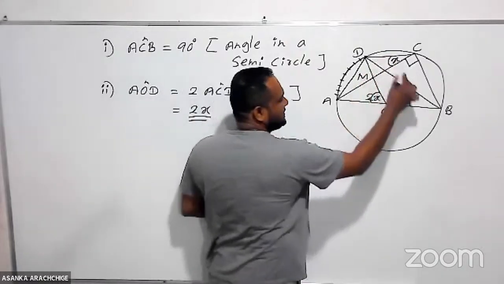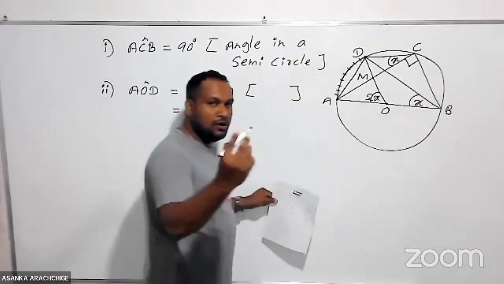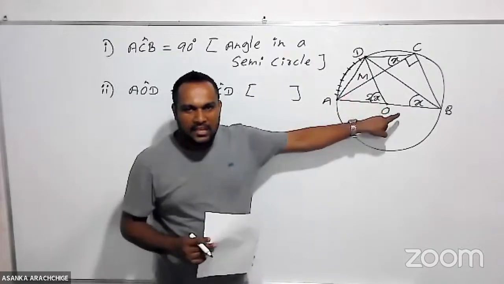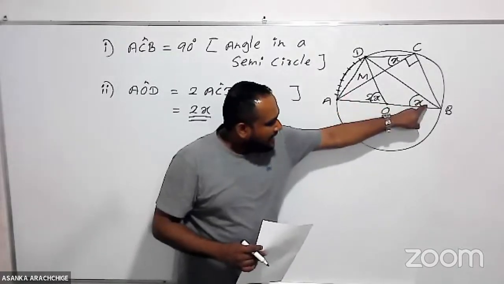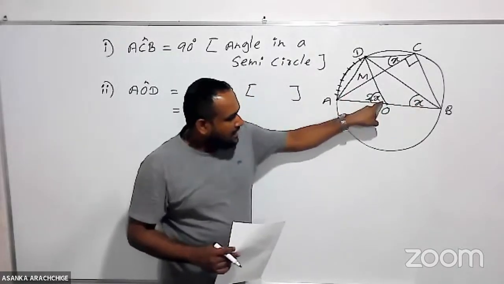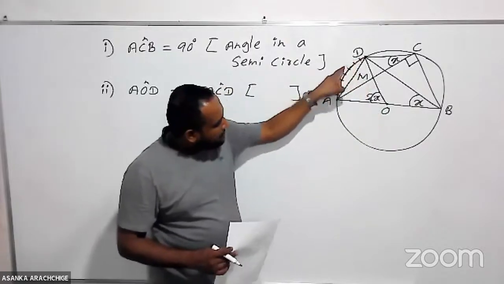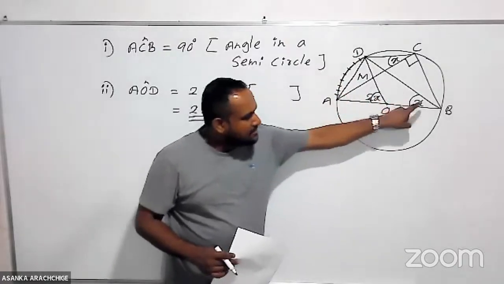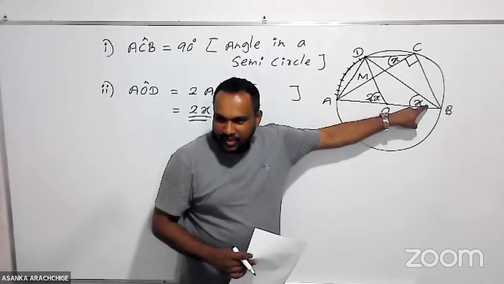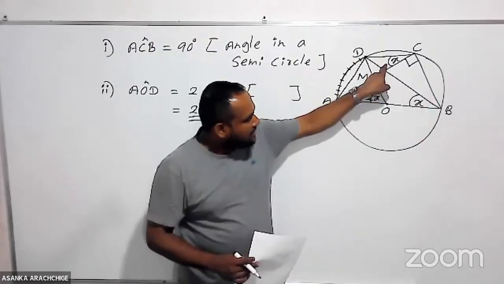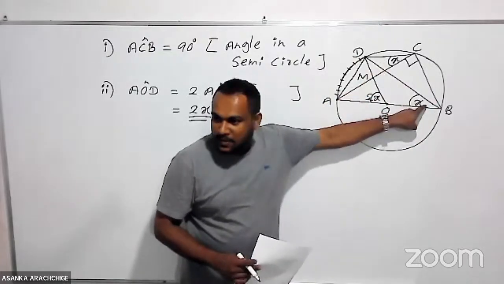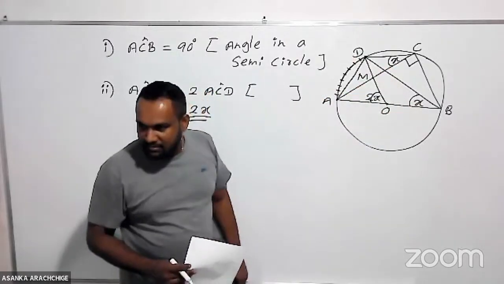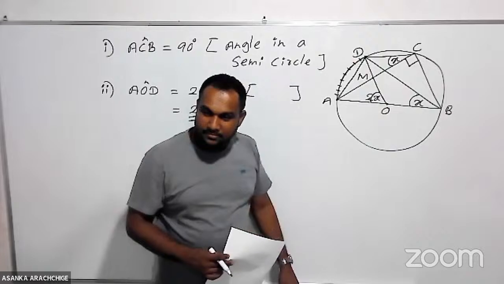So if this is x, or by using the previous theorem, you can say this angle and the angle at the center are subtended by the same arc. So if this is 2x, this must be x. Or you can say, if this is x, this is also x, because angles in the same segment are equal. Got it or not?